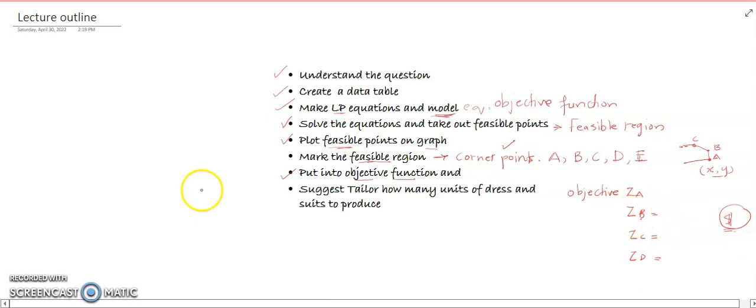That's coming in the next topic, but for now we are learning about the outline we are going to cover. This is the way the objective function is going to be derived, and in the last step, which is very mandatory and very important, we do the analysis and suggestion, because if you do all the effort and in the end you do not do any analysis or suggestion, it's of no use.